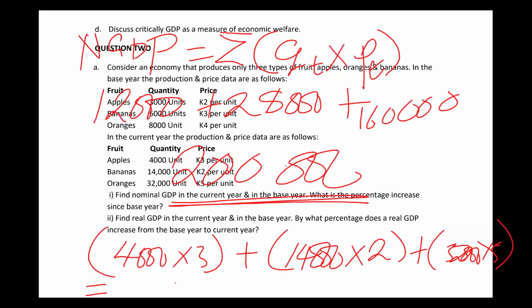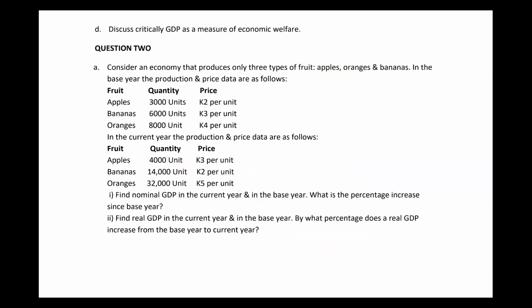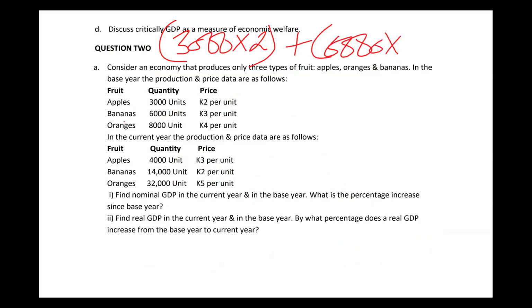Okay, the same way. Can we do the nominal GDP for the base year? Keep this one. So for the base year, it means we are using the quantities of the base year and the prices of the base year. So we shall go, we have 3,000 for apples times 2, plus 60,000 times 3.